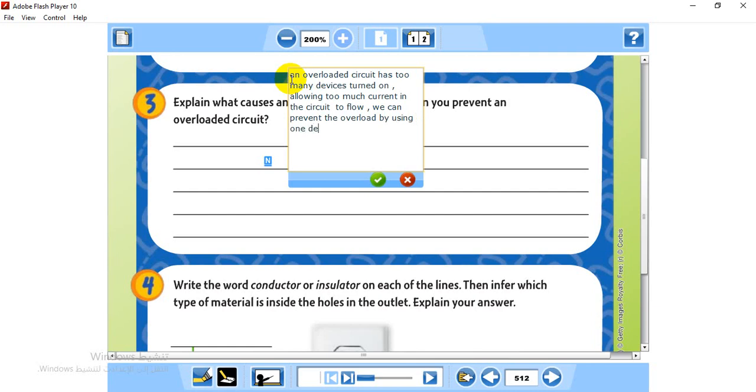at one time, or using devices with low amps.